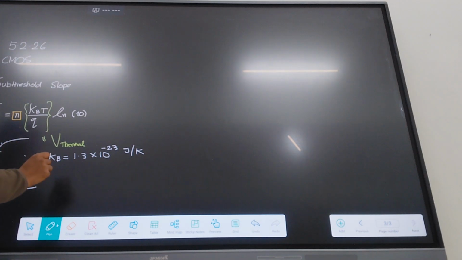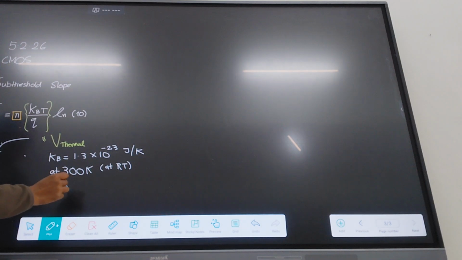So if I would like to find out the thermal energy at 300 K, that is at room temperature, what will be my value of V thermal?